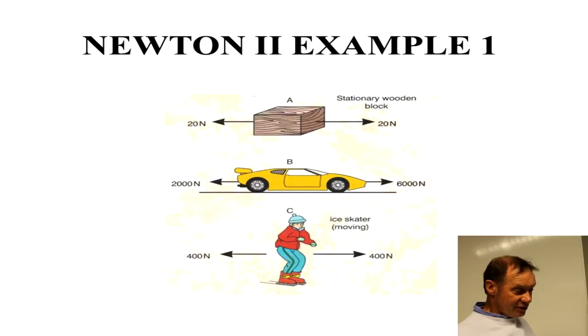And in the third example, C, the skier is moving at constant velocity, and although there's 400 newtons of friction, he's thrust himself forward 400 newtons, so there's no overall force. So that is another example of Newton's second law.